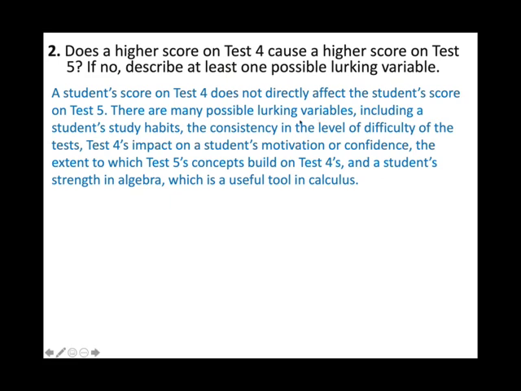The variables that may affect the result in this example include the student's study habits, the consistency in the level of difficulty of the tests, and test 4's impact on the student's motivation and confidence. Also, the extent to which test 5 concepts build on test 4, and the student's strength in algebra, which is a useful tool in calculus. So we may have a lot of lurking variables that affect the student's score on test 5.